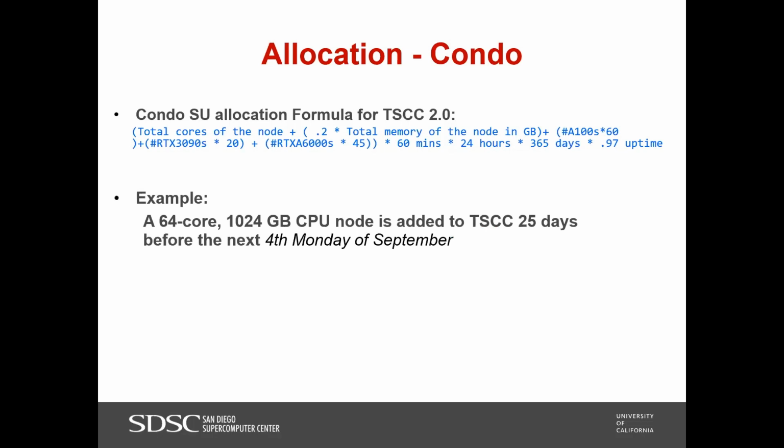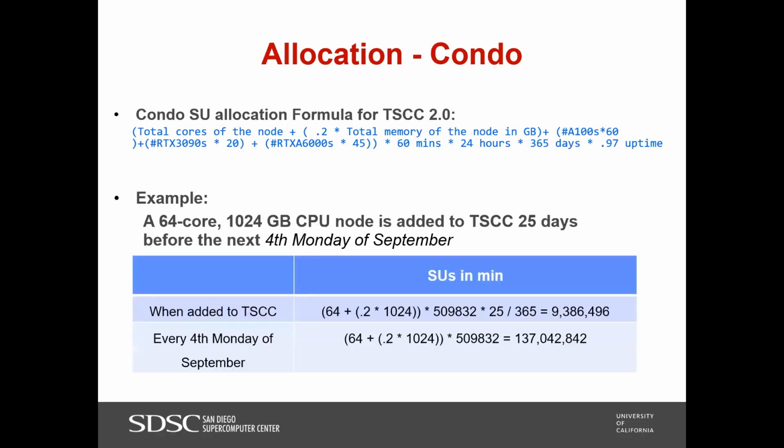So here's an example. A researcher has bought a TSCC node, which is a 64-core, 1 terabyte CPU node. And then we added it to TSCC 25 days before the next first Monday of September. So how many SUs can this node get? Here's the equation. Once we know how this works, it should still be straightforward.